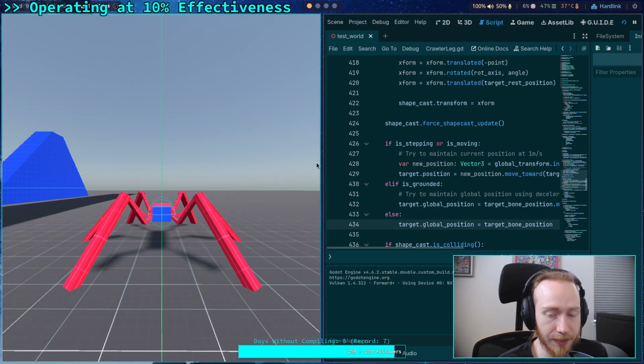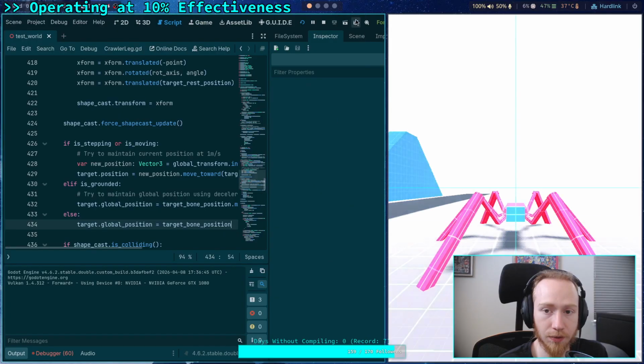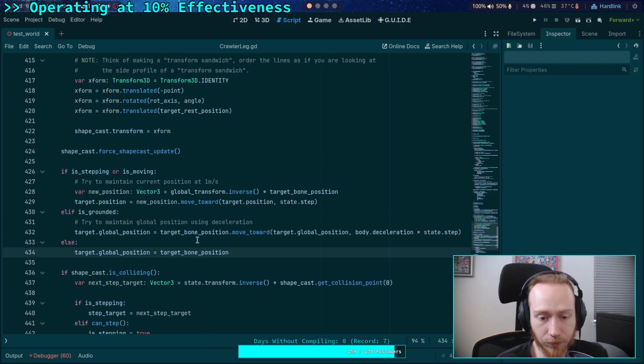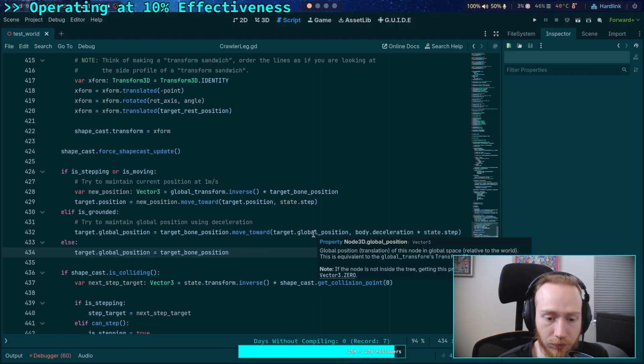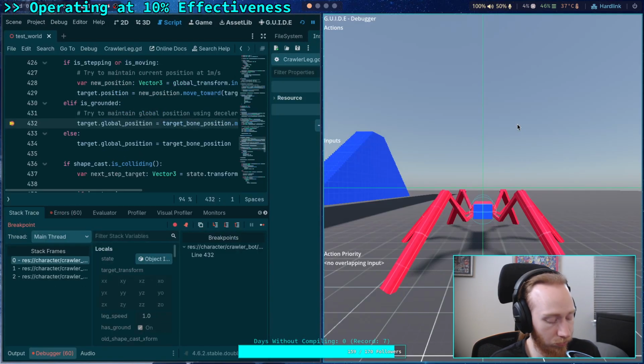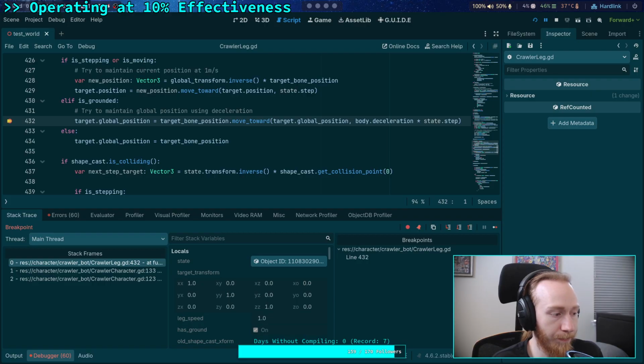That still has that weird thing that I'm seeing. I see the whole legs go into the ground, which is just wrong.